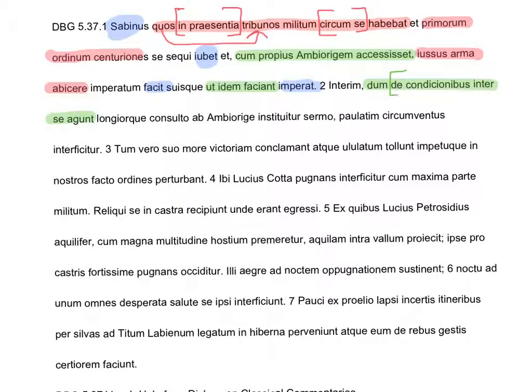Look, we have a prepositional phrase, 1, and then another prepositional phrase, 2. So that's a good place to stop this dependent clause, but for the fact that it looks like it continues because we've got this que. And what? I think we should keep going. And longiorque consulto ab ambiorige institutus sermo.